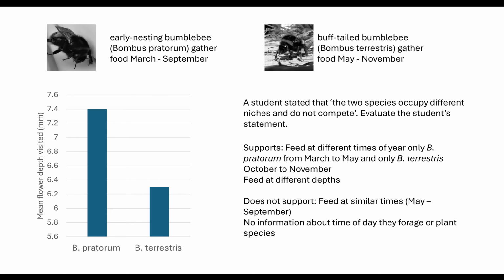However, we're not given any information about what time of day they forage. We're not given any information about the plant species that they are feeding from. So we cannot conclude completely with the information that the student has been provided with and the statement that they have made. So it's really important that you think outside of the information. What else do you need to give a good conclusion?